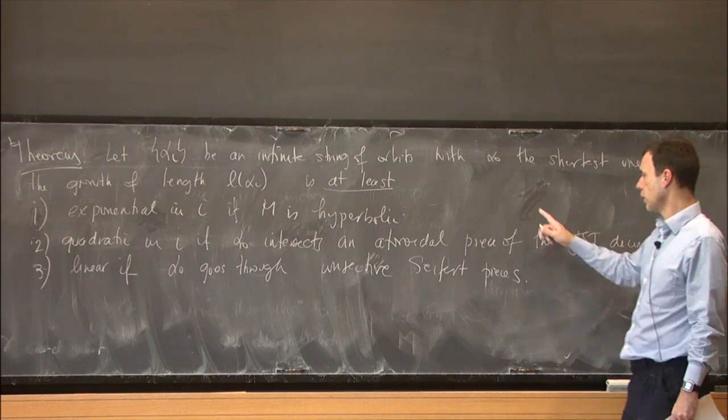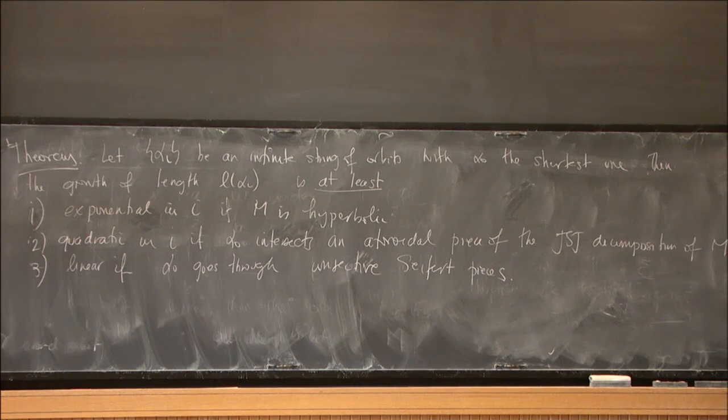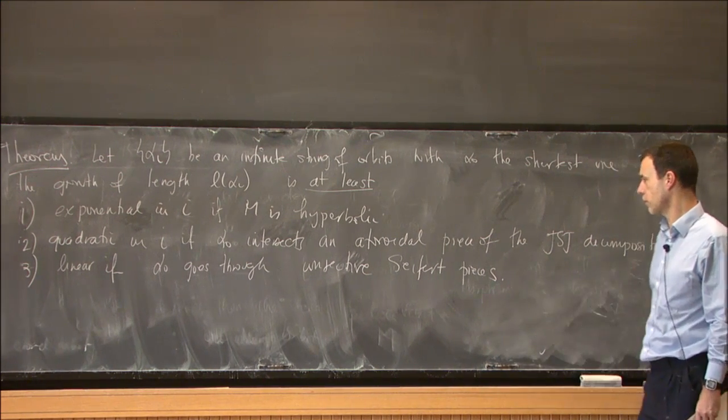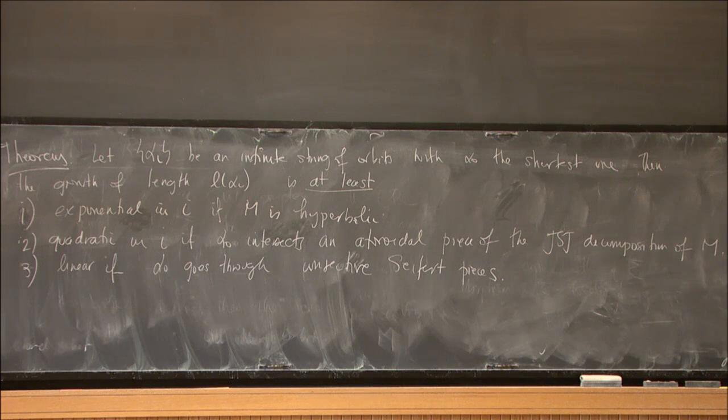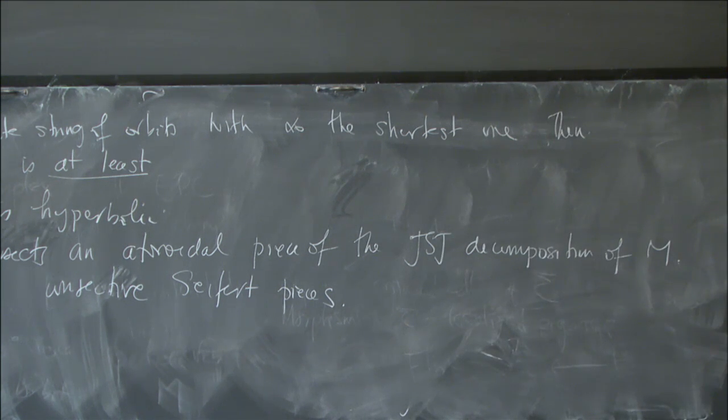Right, and this is all the cases because if not, then it would go just through one Seifert piece. There's only one Seifert piece here. I mean, if it's contained in a Seifert piece, you cannot have the free homotopic class to be infinite. This was sort of part of the previous results.